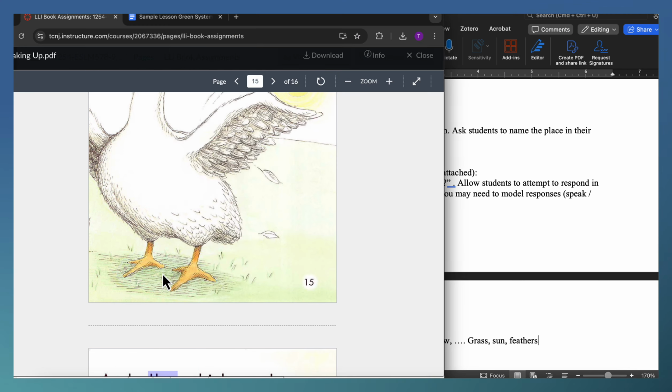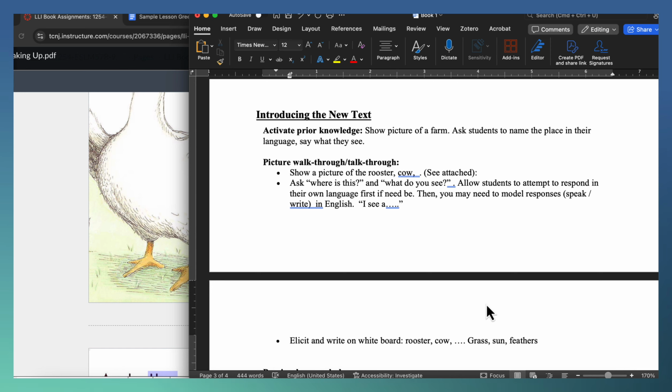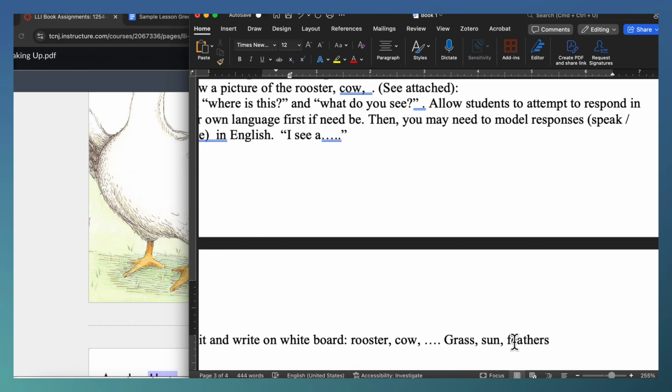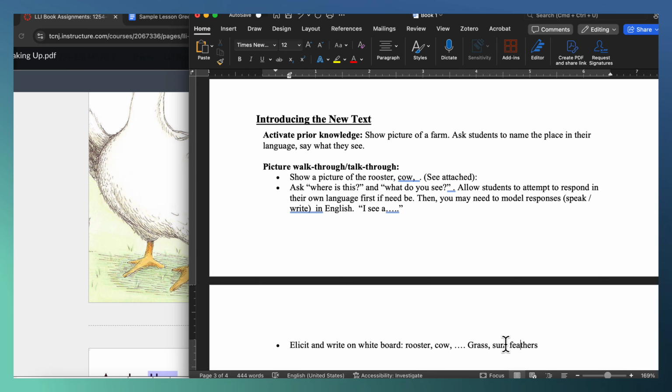And again, these are beginners, and so I am only going to push these finer detail words if the students express an interest in learning them, all right? That is to say, they need to show that they have bandwidth for it, all right? But grass and sun, that's pretty ubiquitous.